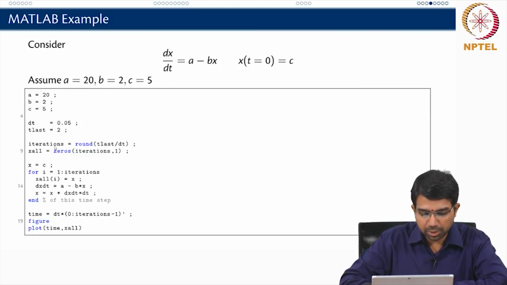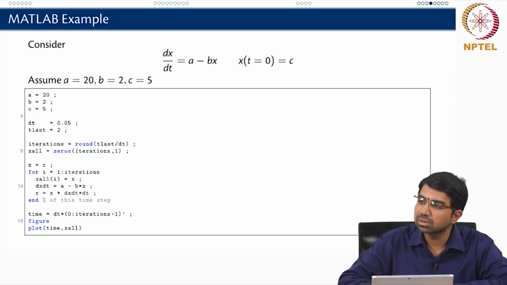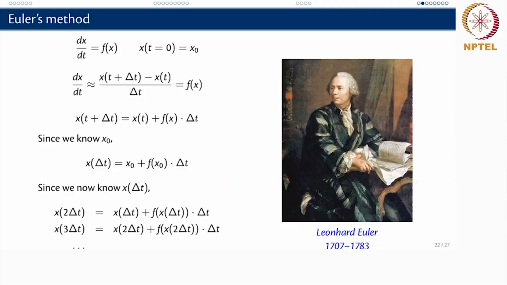You first set up a vector for all the values of x, and the most important part is somewhere here, where you basically compute what is dx by dt. dx by dt is a minus bx, that is your function, and x equals x plus f of x into delta t, that is what we had here.